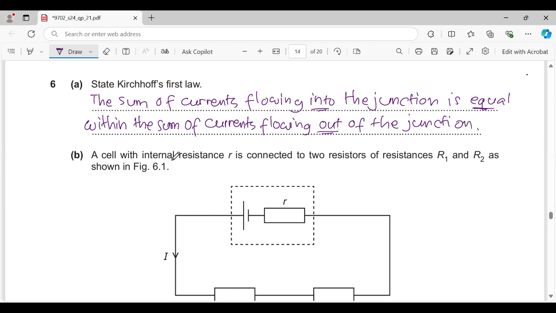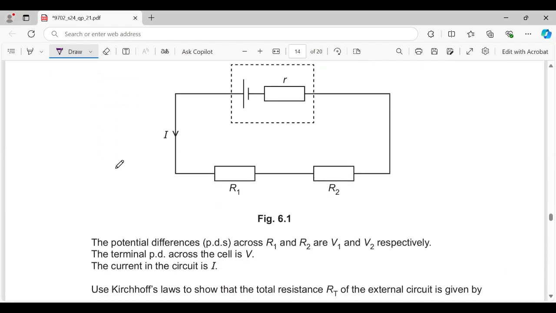A cell with internal resistance R is connected to two resistors of resistances R1 and R2 as shown in figure 6.1. So there are two resistors, R1 and R2, attached on the circuit.